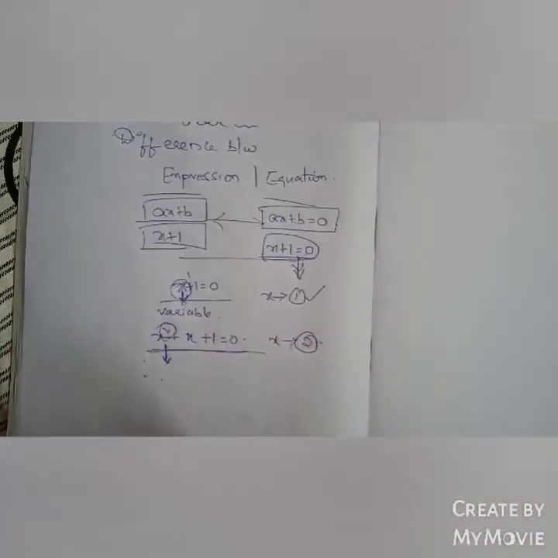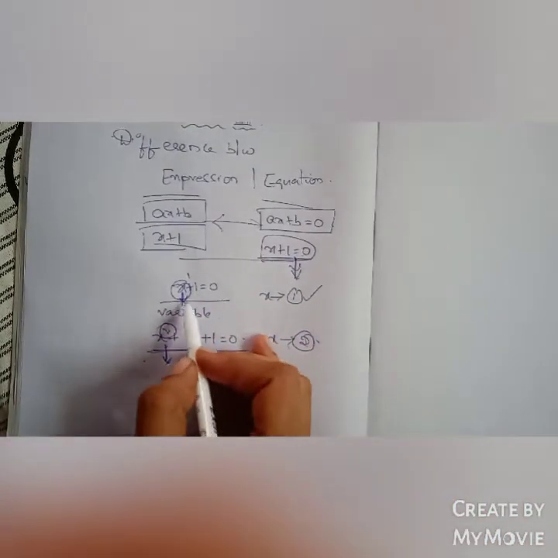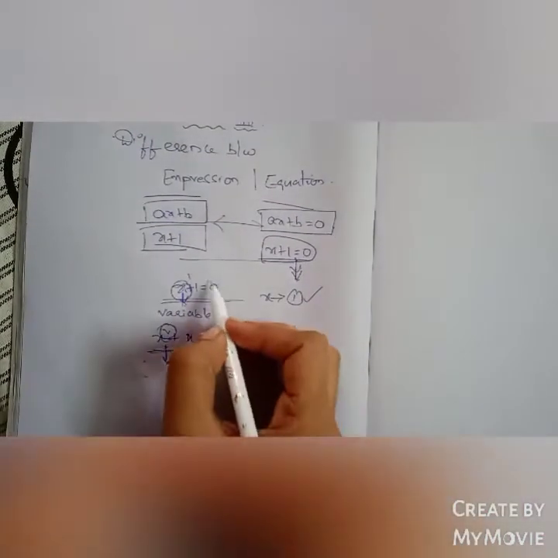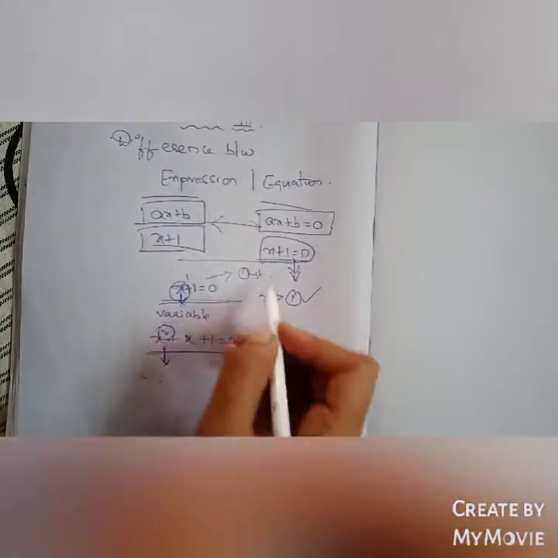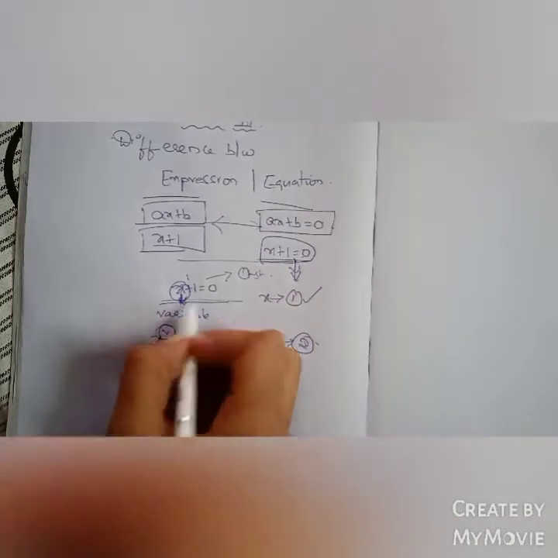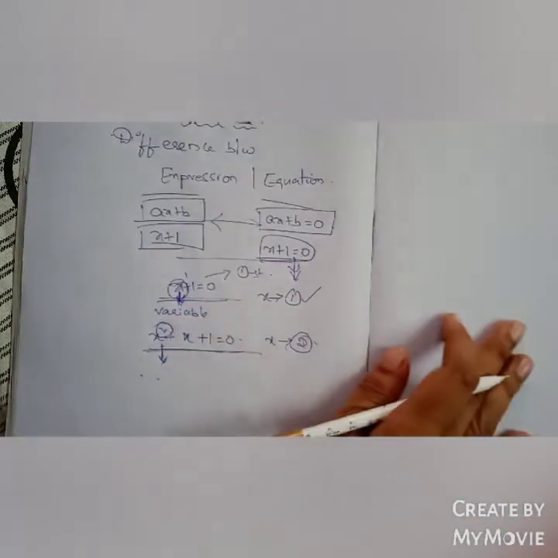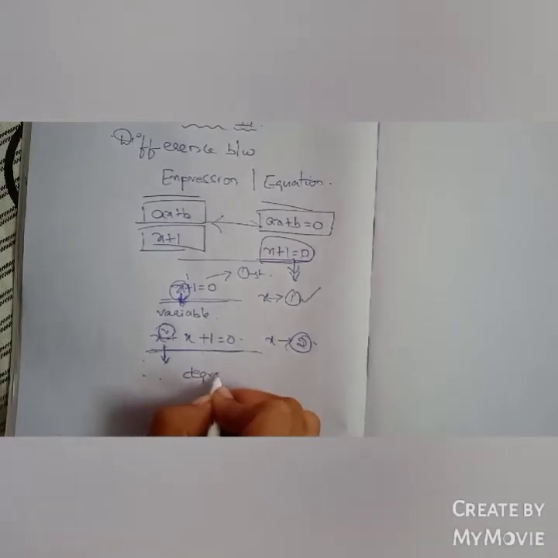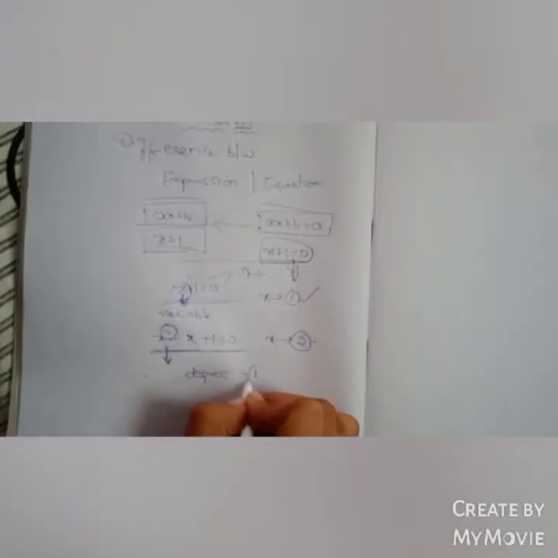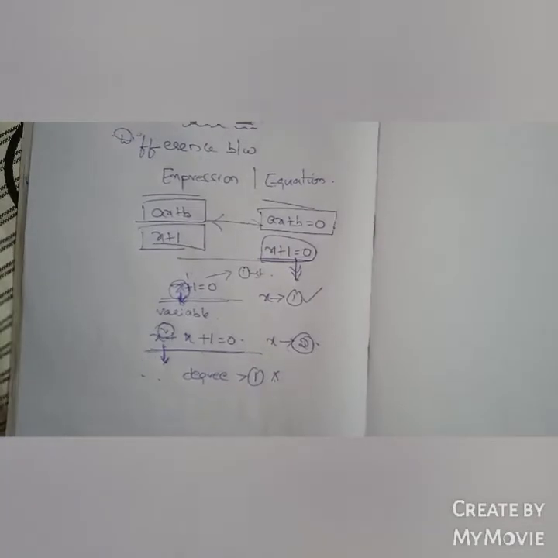The first step is that an equation will have the symbol equal to, and the second step is that the variable has degree 1, then it is known as a linear equation. If it has a degree more than 1, then it is not a linear equation.